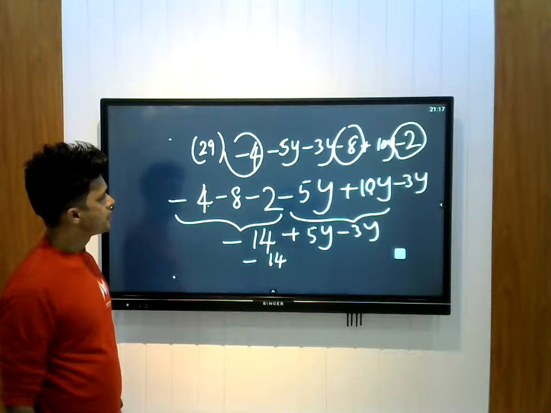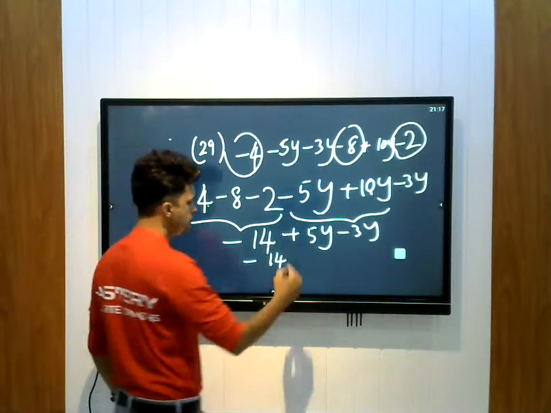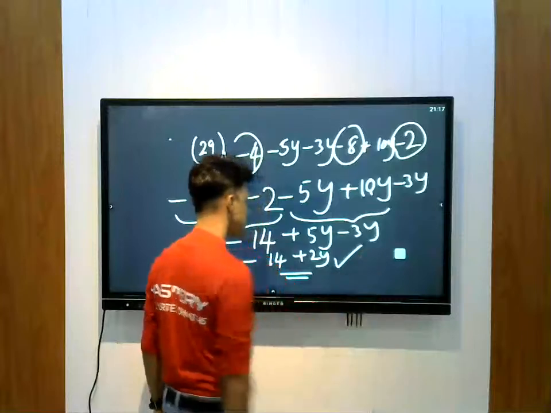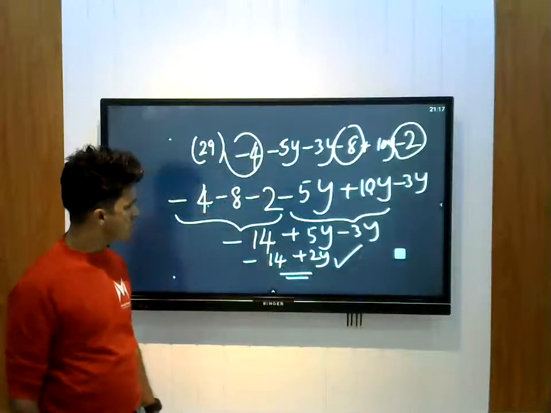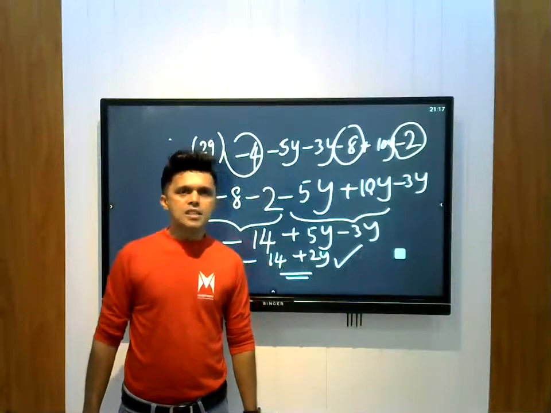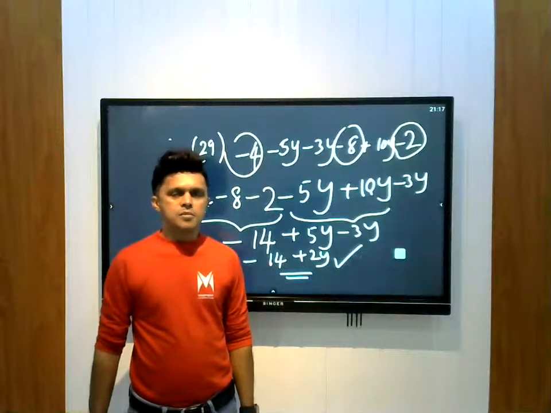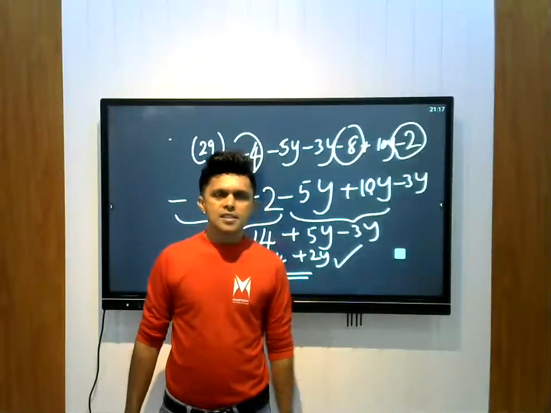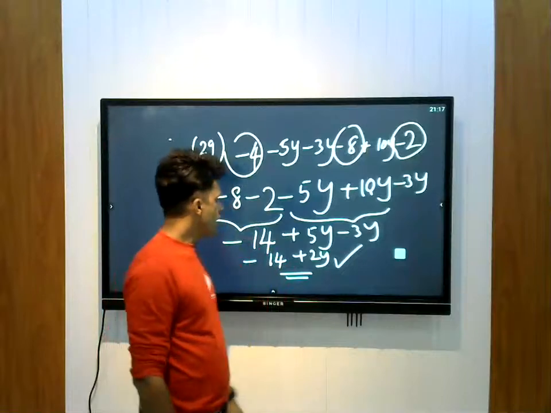Minus 14 plus 2y is the answer. You can't simplify these terms more. The reason is these are unlike terms, so you can't add these terms more.